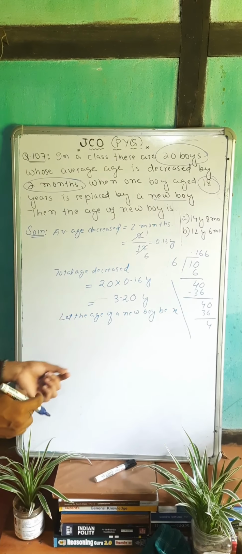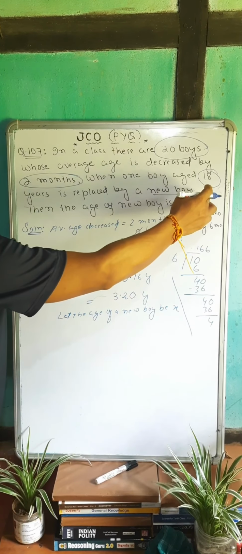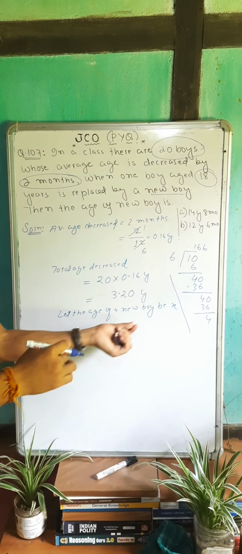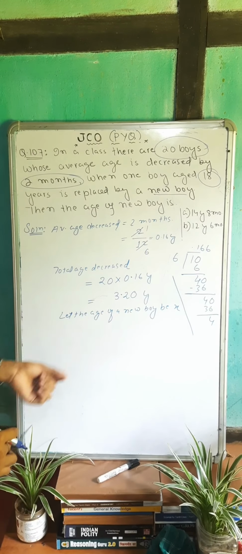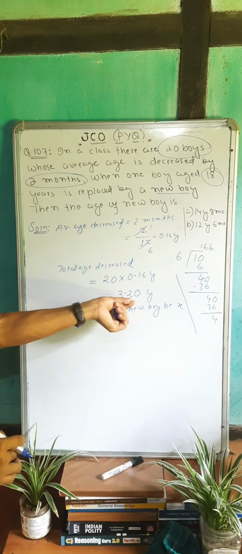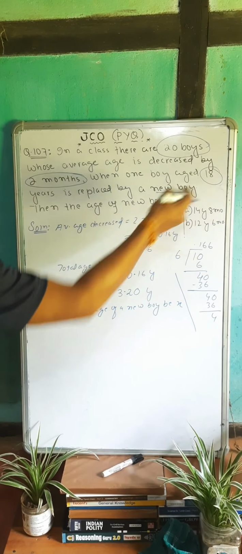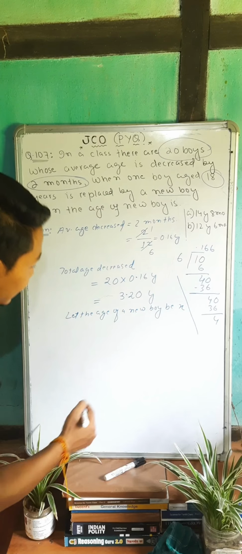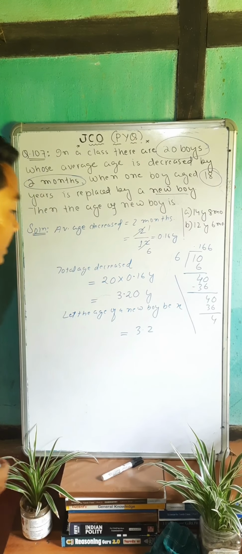Why is there a decrease in age? Because we have replaced the 18-year boy with a new boy. So why is there a decrease of 3.20 years? Because there is an age difference between the 18-year boy and the new boy. So we can write it like this: age difference is 3.2 years.